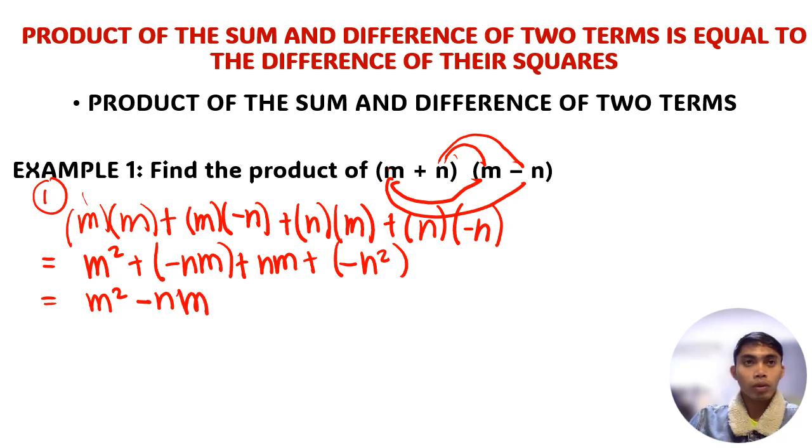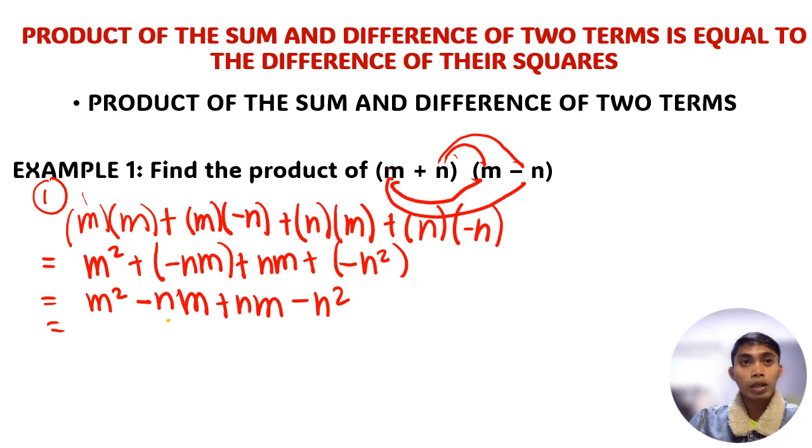Then plus nm, then minus n squared. Therefore, we need to combine like terms. We subtract if they are like terms, or we add if they have the same literal coefficient. So m squared minus nm plus nm minus n squared.